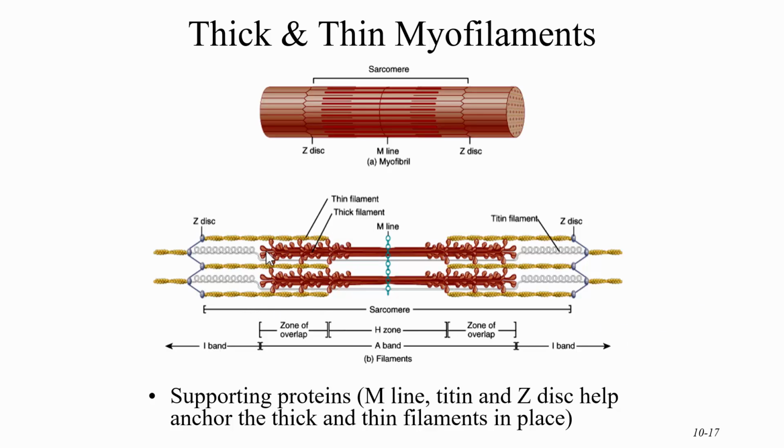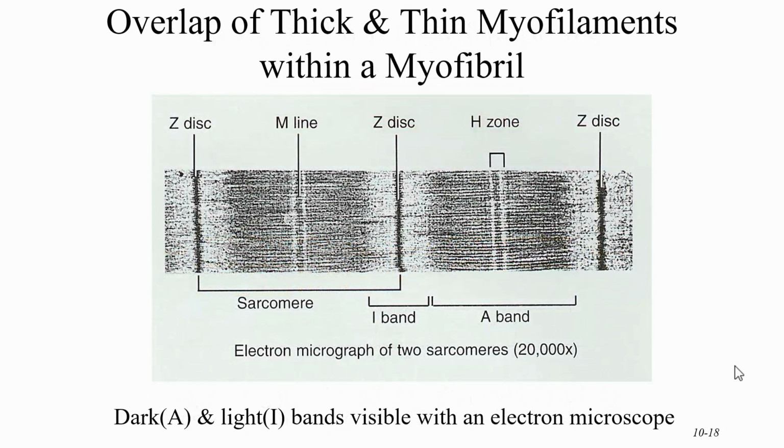And again, here we can see the I band. Here we see where the overlap is. This is the A band, and again, here's an I band once again. This is what it would look like under an electron microscope.